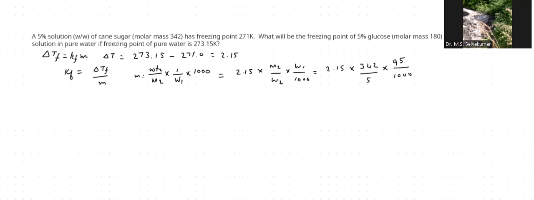Now delta Tf is to be calculated. Again, delta Tf, the Kf is given, the molality of the other substance has to be substituted. All the simplification can be done at the end. So Kf is 342 into 95 divided by 5 into 1000.